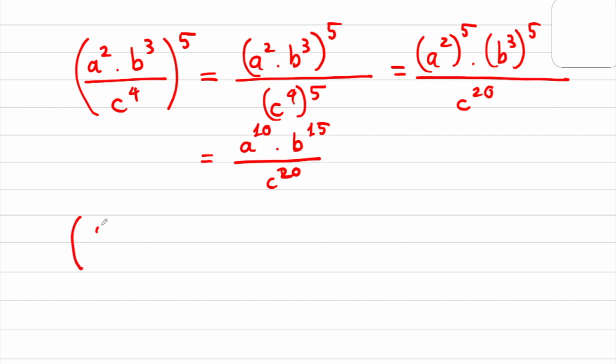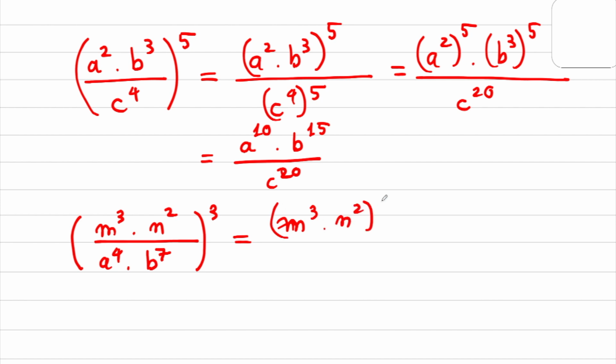The next one, I got m cubed, n squared, and the a to the 4 and b to the 7, and the outside the bracket I got 3. Yeah, step by step. Carefully about your writing, you will understand more if you have the clearly writing. The first step, I will have the numerator 3, and the denominator 3, of course, inside the bracket, and separate this product multiplication.